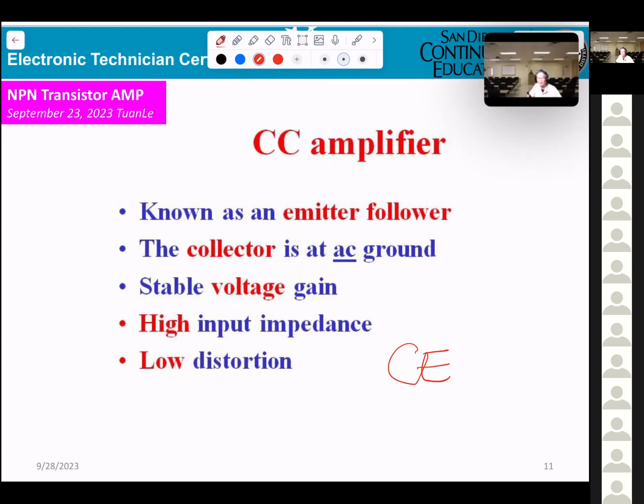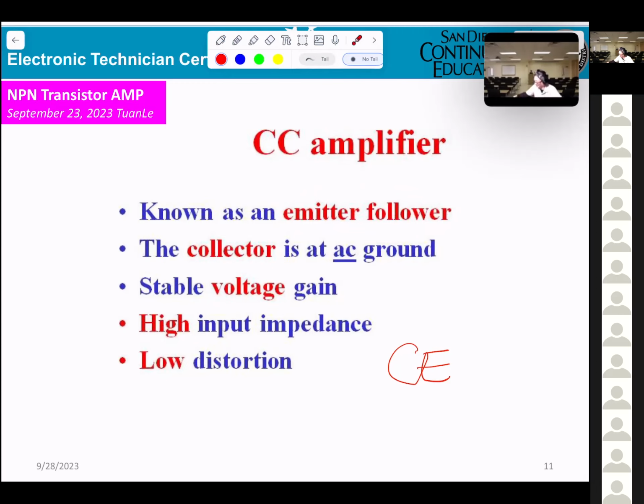That will be telling you the collector will be common. CB means the base will be common. So the CC amplifier gets another name, emitter follower. Either they say CC amplifier, or they can say emitter follower.